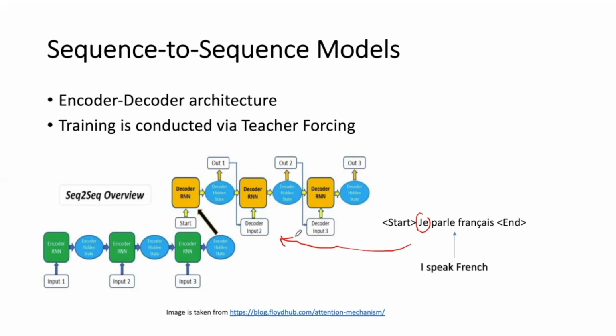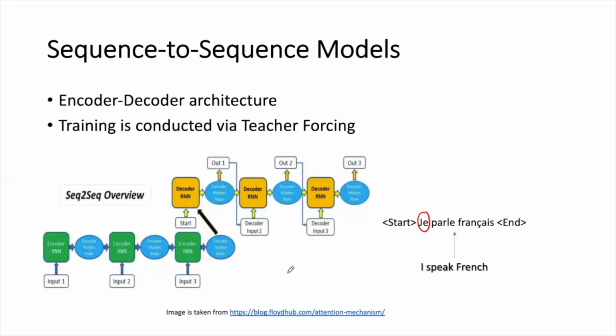Instead of passing what has been generated here, we can also take the word from the reference sentence. That is what happens during training. During training, this helps us do a faster training for the decoder. That's the benefit of it.